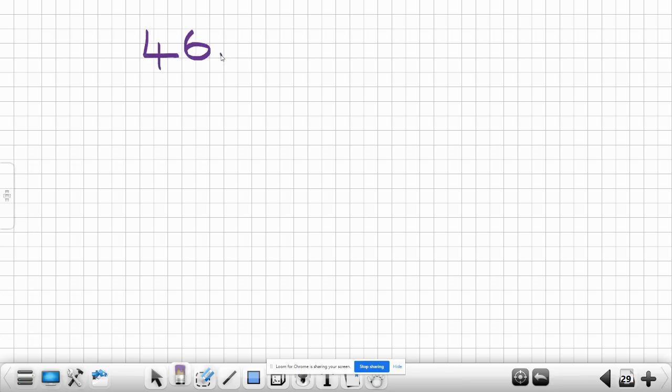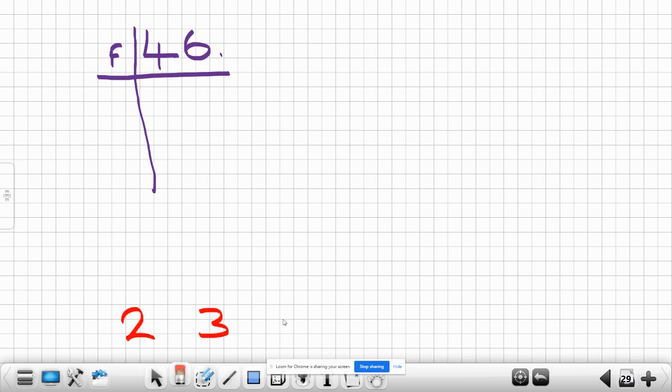Let's start with 46, and this is how I would do it. I'm going to draw a line like this, and my factors are going to go here. So I want prime factors.